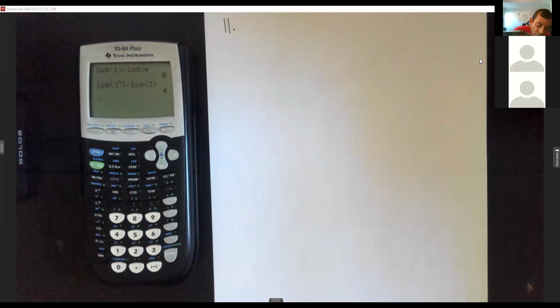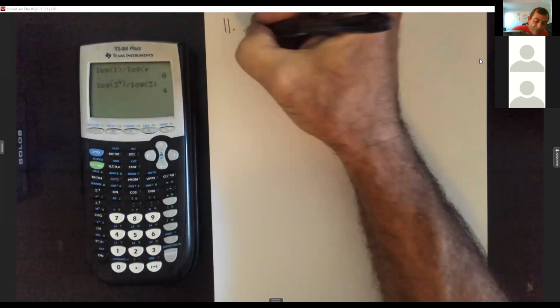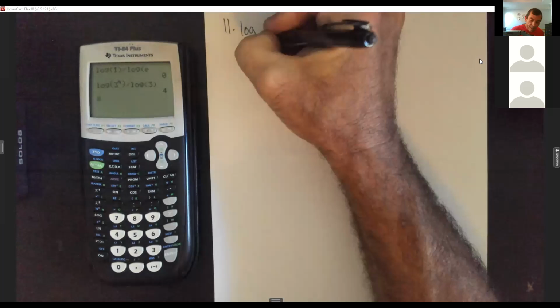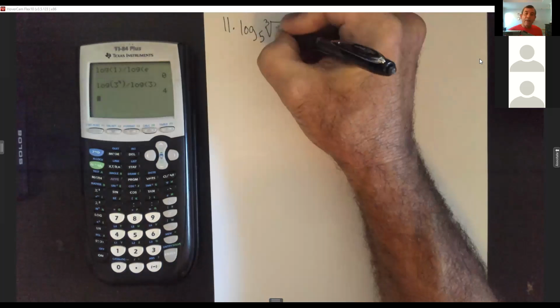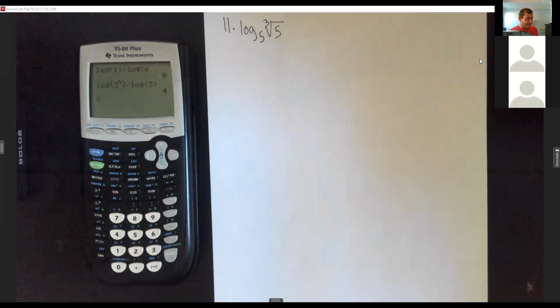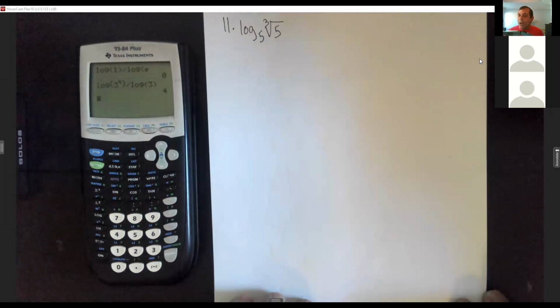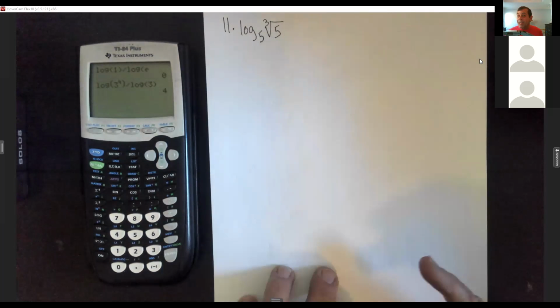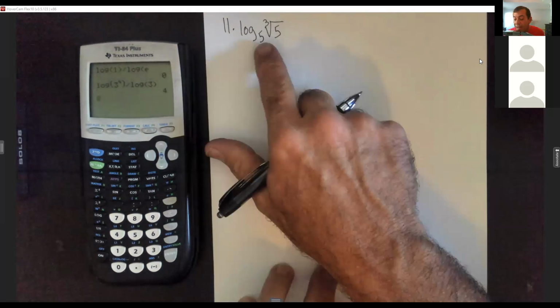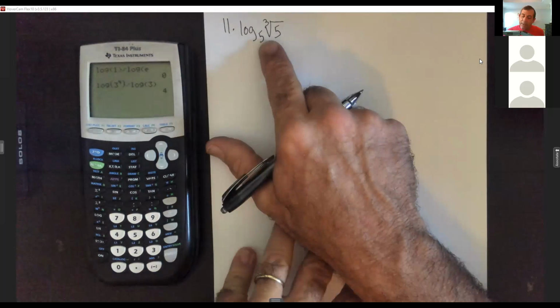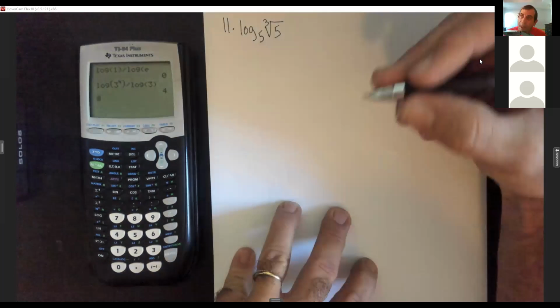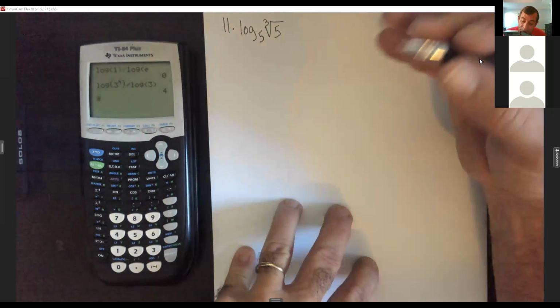All right, log base 5 of the cube root of 5. What will help you in this section is if you can rewrite that radical as a fractional exponent. So let me give y'all some memories from those.